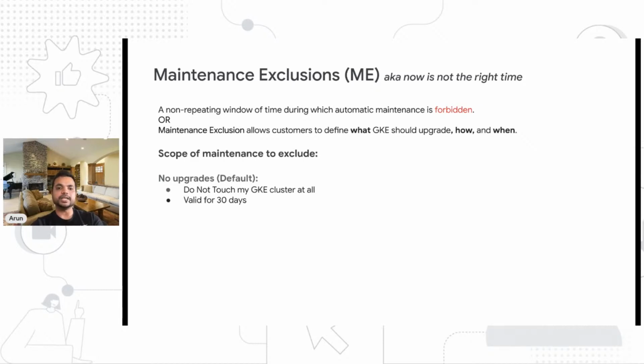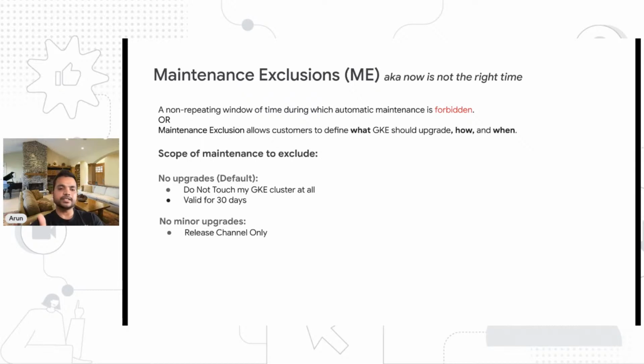Since it's a managed service, we have to make sure that underlying hardware is properly upgraded and on time, and also that we are not seeing any sort of vulnerabilities in those versions. And then we have no minor upgrades. As the name suggests, it means we do not want to upgrade from, let's say, 1.24 to 1.25, but we are allowing GKE to upgrade the patches.